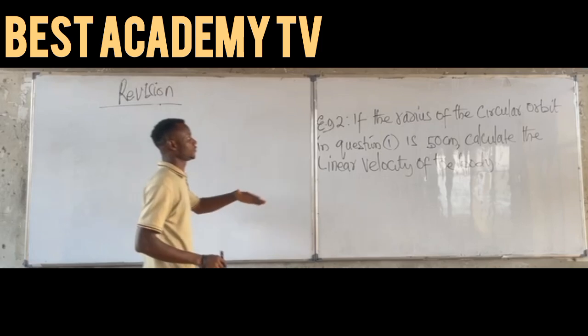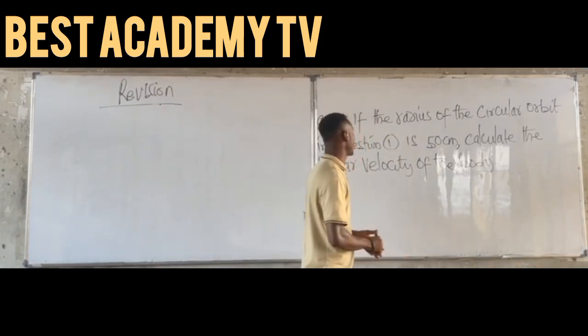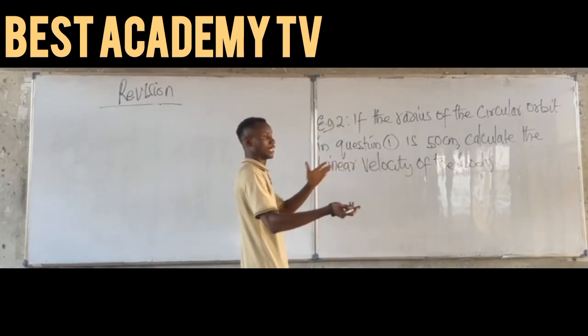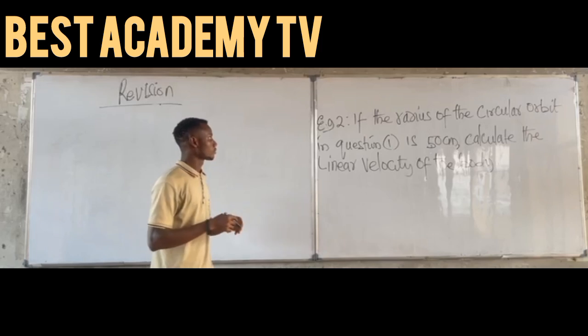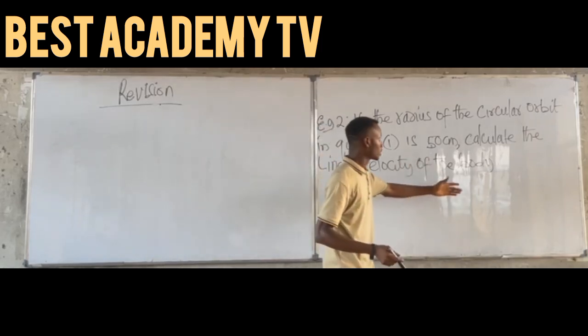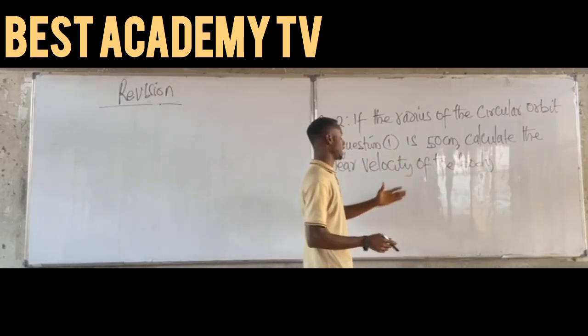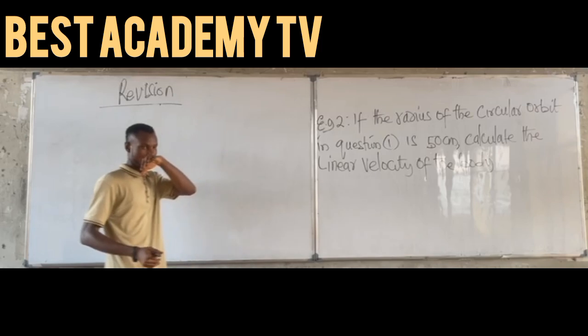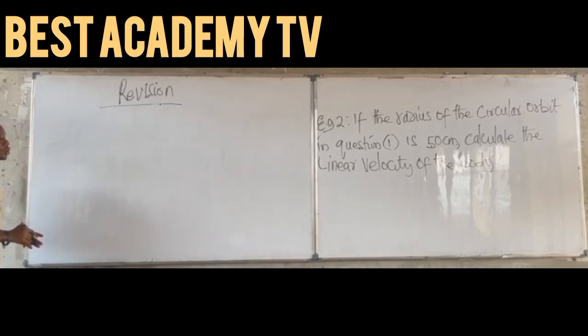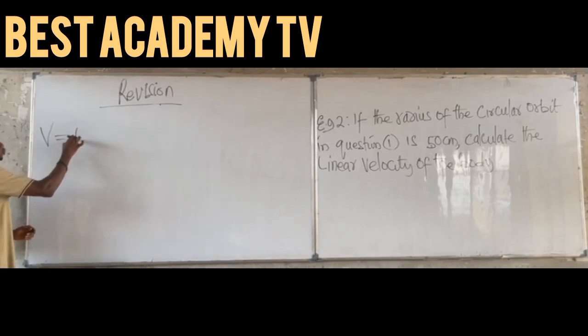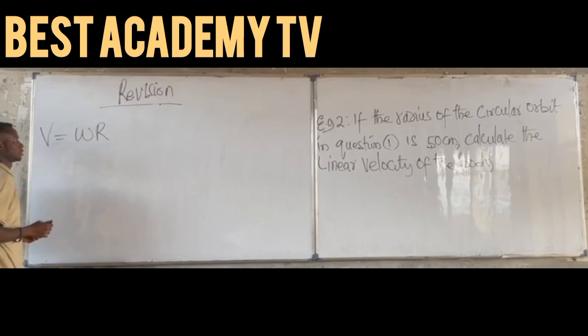They say if the radius of the circular orbit in question 1, that is the previous question we solved, is 50 cm, calculate the linear velocity of the body. Okay, this is very simple here. We all know the formula for linear velocity relating to circular motion. So we say that the formula is v is equal to omega r. Alright?